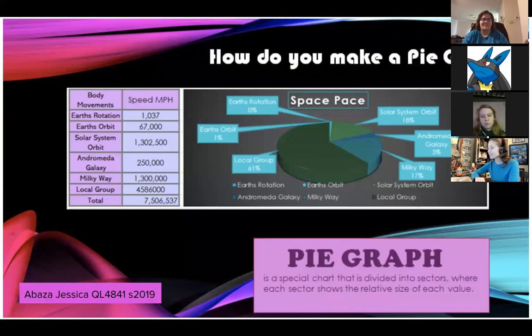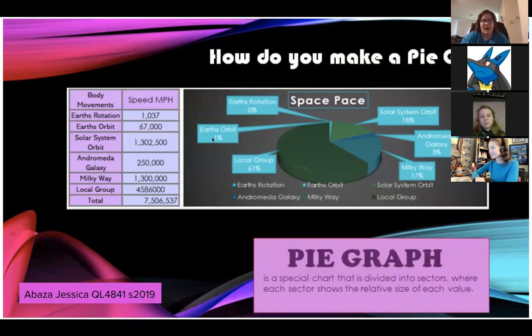Mitch, can you ask the next question? It's my question. Let's see. Jessica, how do you make a pie graph? All right, so again, we start off with a table, and as you see over here, I specifically did body movements and how fast. Earlier we were talking about us moving really fast, the Earth and all that.